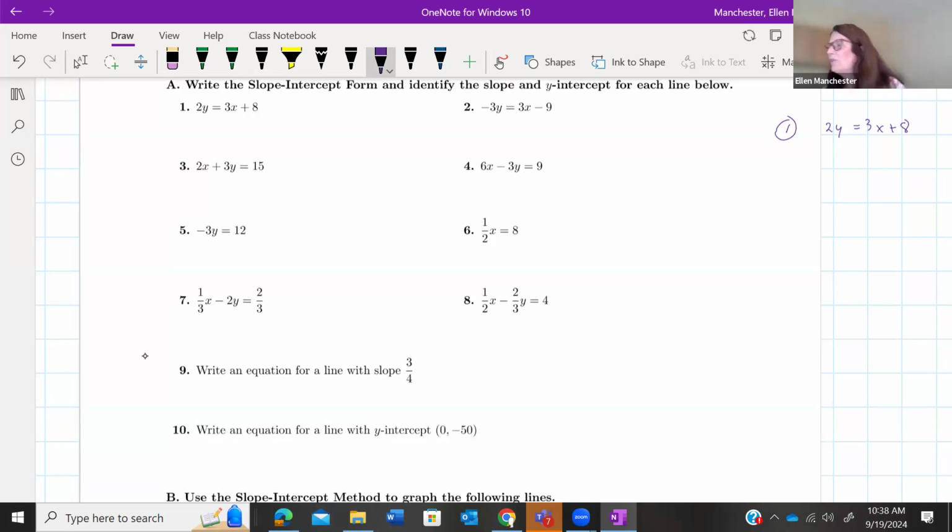You know how to solve an equation for a certain variable. So you just trust the process. I want y by itself, so I'm going to divide both sides by 2. And remember, you're dividing everything by 2, because if you do something to one, you got to do it to everything to keep it balanced.